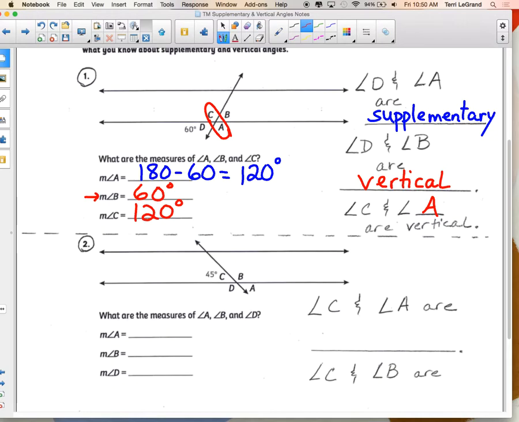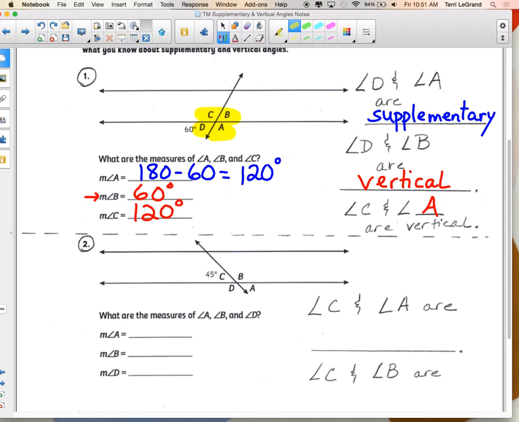Now I want you to notice something about all of these angles, and the sum of all of them. So help me out here. When you put all four angles together, when you add all their measures together, what does that equal? 360. 360 degrees. So then I bet you could tell me something else. In a full circle, what's the measure? Okay, 360. A 360 degree angle makes a full circle.